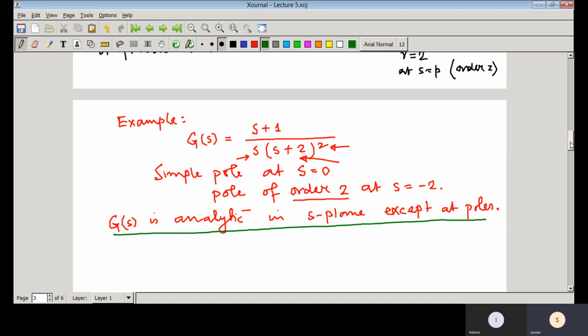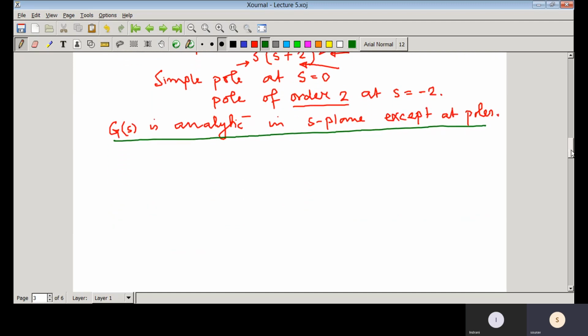So now we'll see the other definition, that is called the zeros of a function. Again, I am telling you, you all know those things from your signals and networks. Here I am just giving you all the formal definitions, and in control analysis we will be using these terminologies. If you know these definitions, later on you would not face any problem.